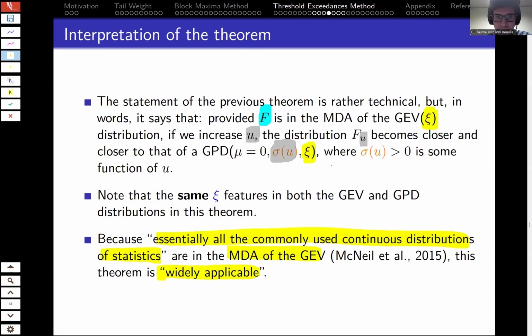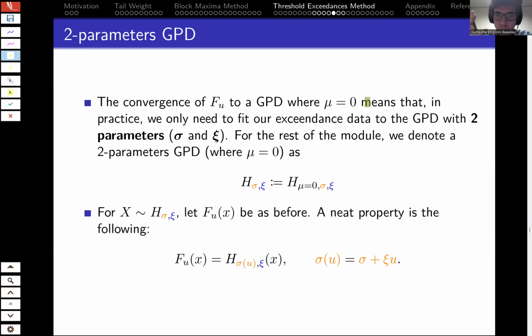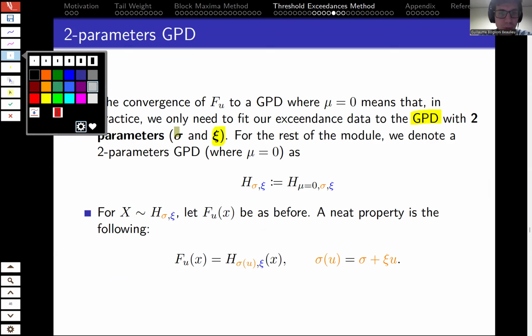So in reality, what we need is a GPD with only 2 parameters, the sigma and the Xi. Okay, we don't care about mu.